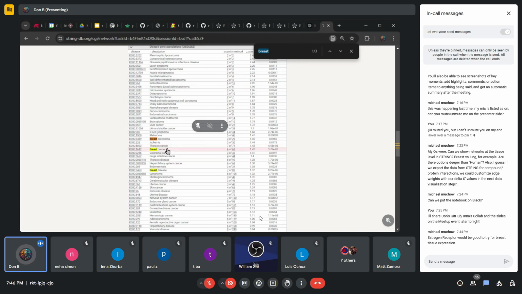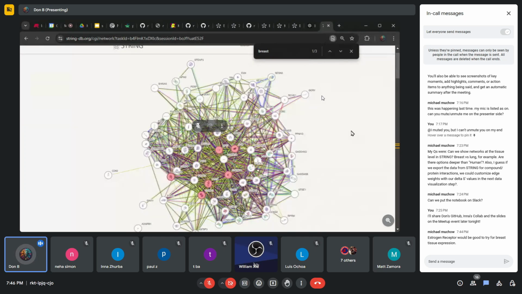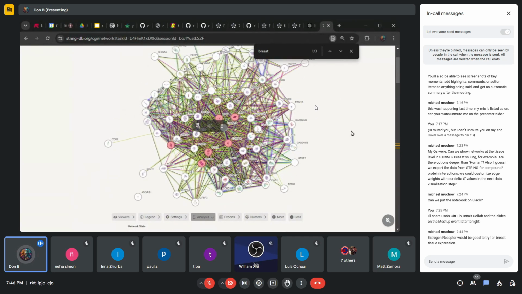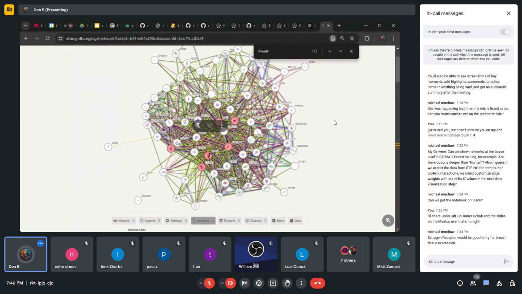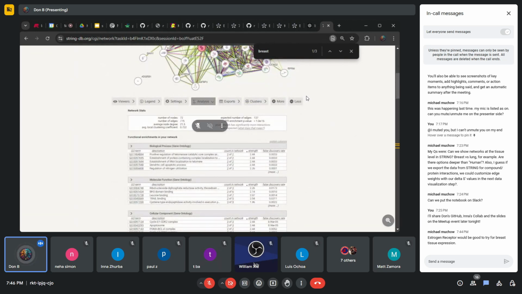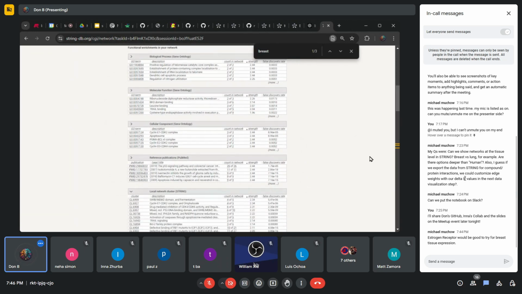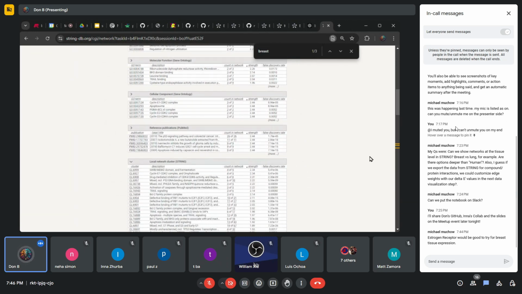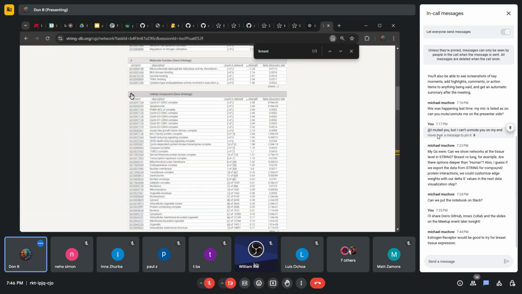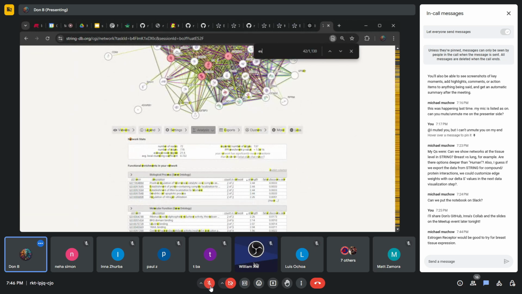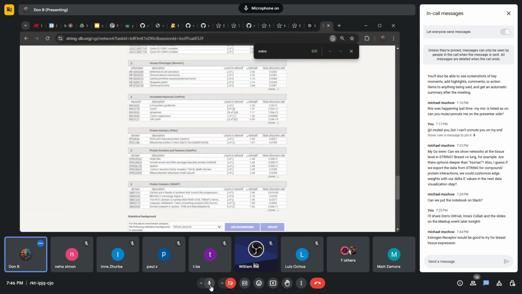But what I'll do is I'll go with breast cancer, and then what you'll see is it highlights the related proteins. Okay, let me do it this way.